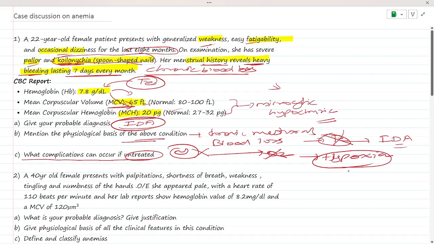Even in severe cases, cardiac failure can occur if untreated. Obviously, other symptoms of iron deficiency anemia like glossitis and angular stomatitis can also be manifested. I hope you are clear with the first question.